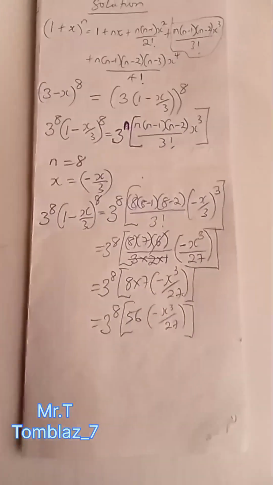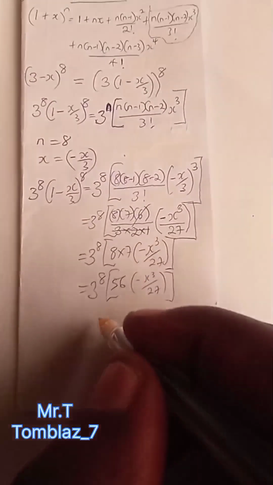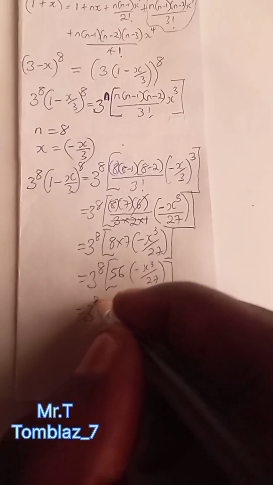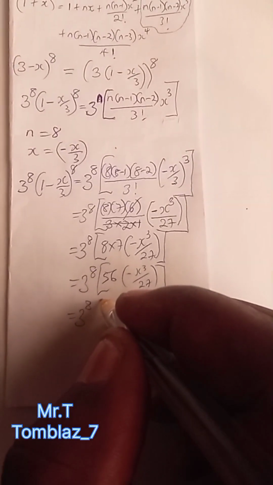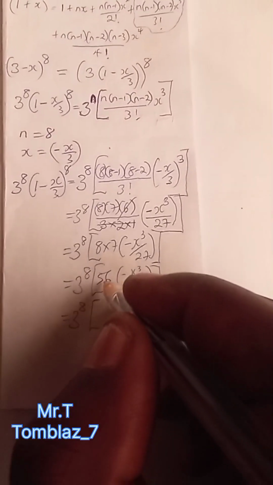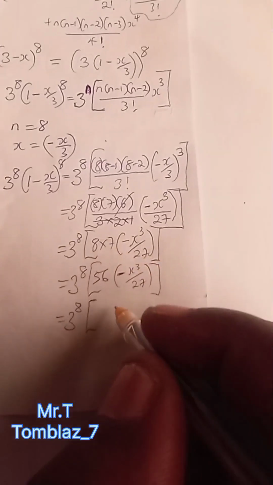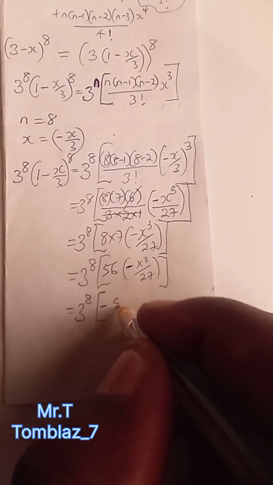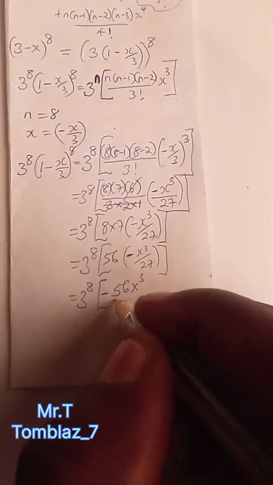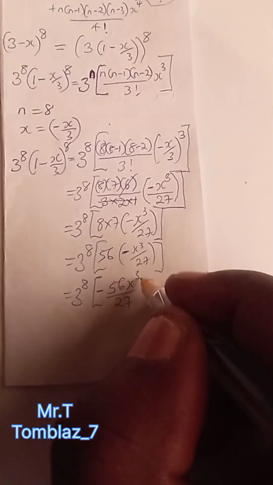Okay, so to continue, we will then be having 3 raised to the power of 8 into 56 times minus x cube. So it will give you minus 56 x cube divided by 27.